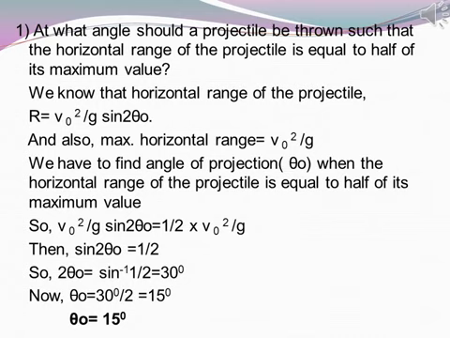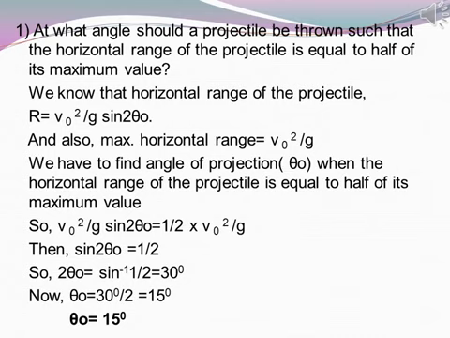Question number 1. At what angle should a projectile be thrown such that the horizontal range of the projectile is equal to half of its maximum value?